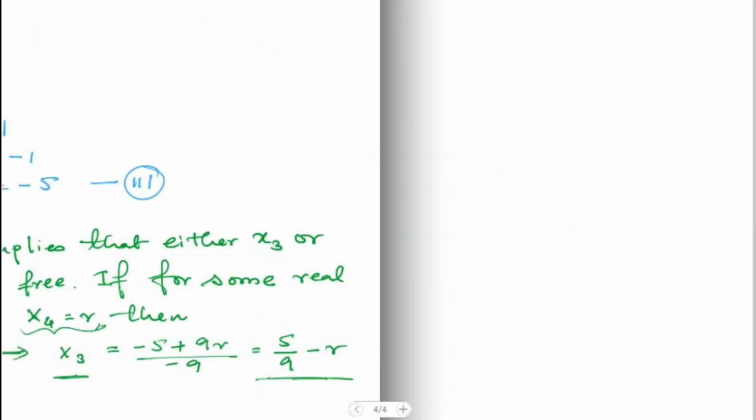Now, the next equation that we have is 2x2 minus x3 minus 3x4 is equal to minus 1.